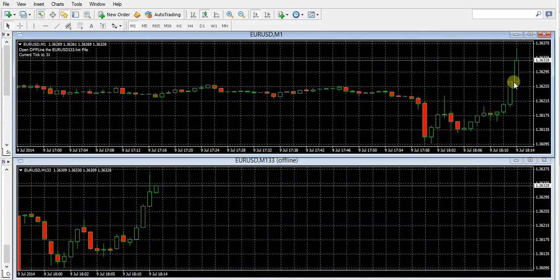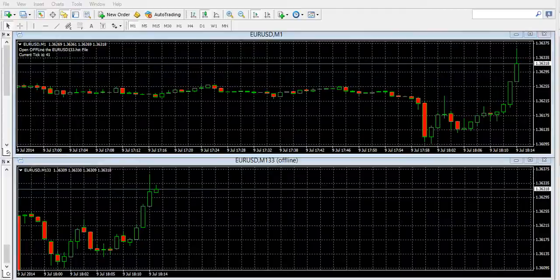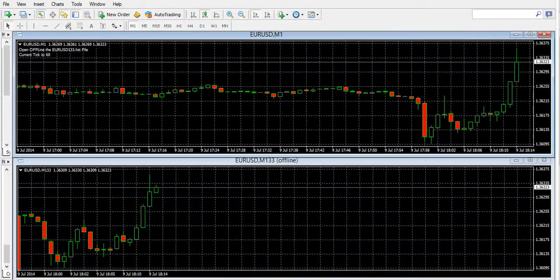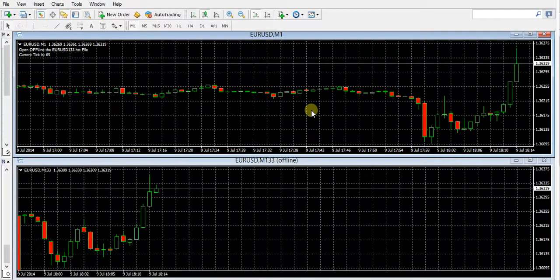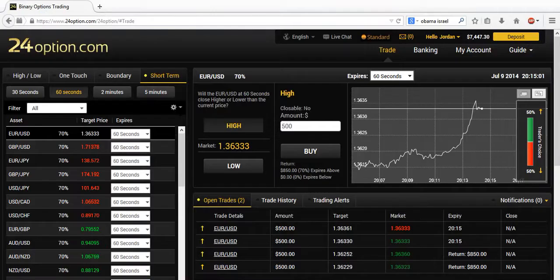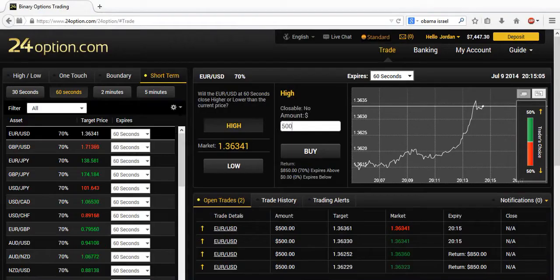Beautiful trend here. And we could see a reversal of the trend afterwards. It looks like it's still pushing higher.